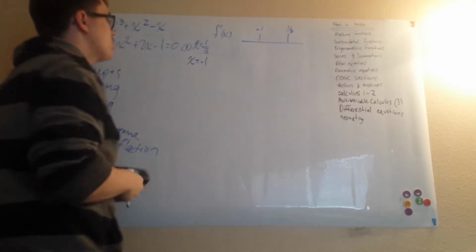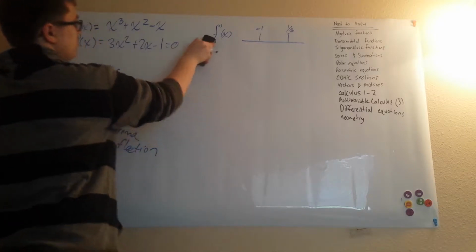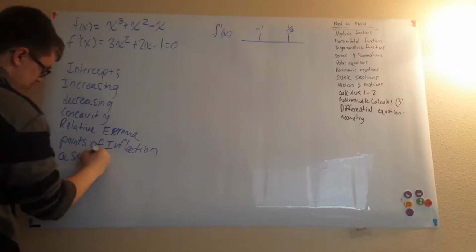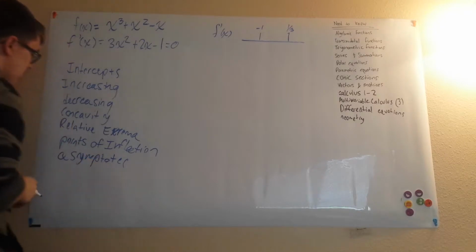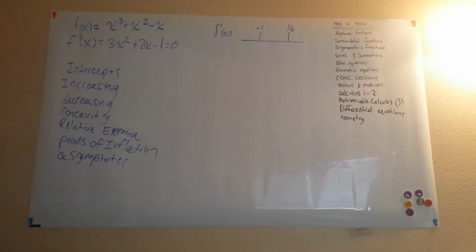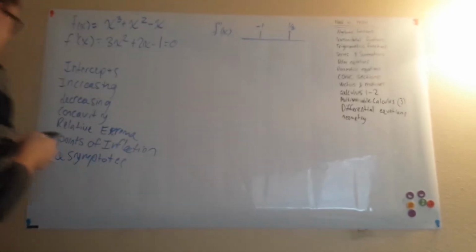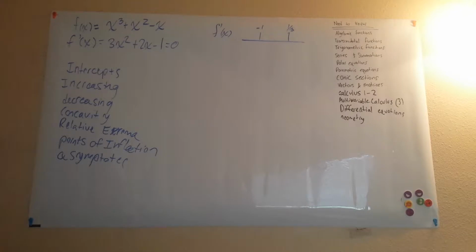And we want to test the first derivative. We want to plug in the numbers. Now there are some things that we do want to look for, like asymptotes. But we don't have asymptotes because we have a polynomial. So let's plug in points that are on these intervals and see what kind of things we have. Like, do we have extrema and stuff like that?